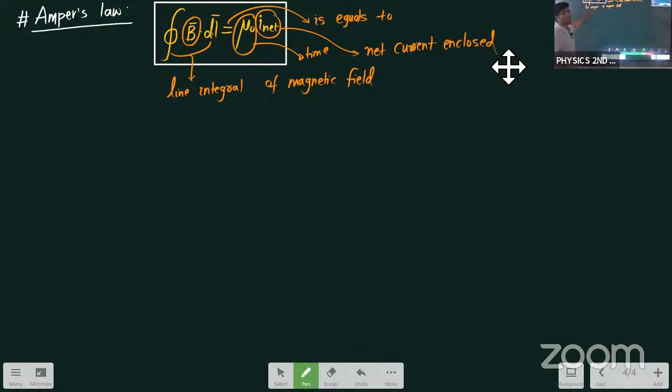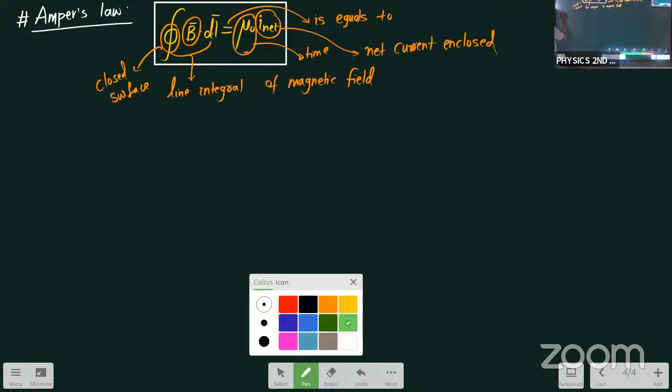The line integral of magnetic field is equal to mu naught times the net current enclosed in a closed loop. See here, it is applicable for which type of surfaces? Closed surfaces. So I can write down the statement for Ampere's law.